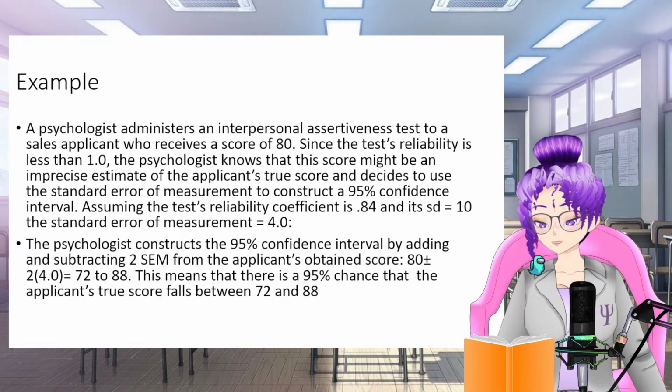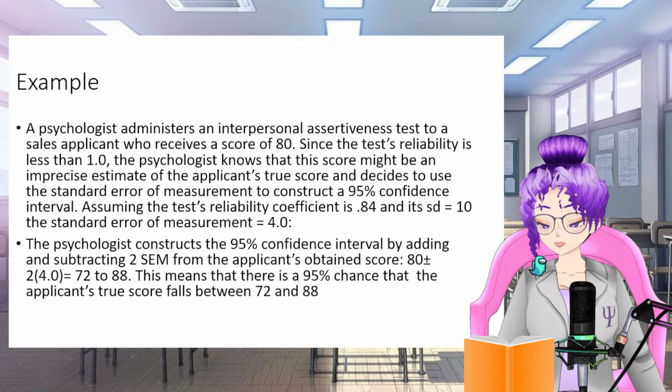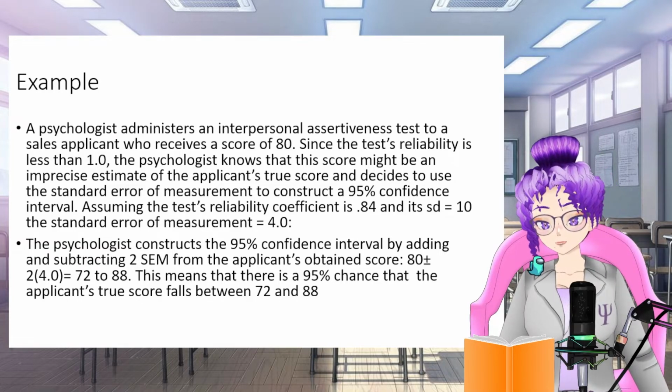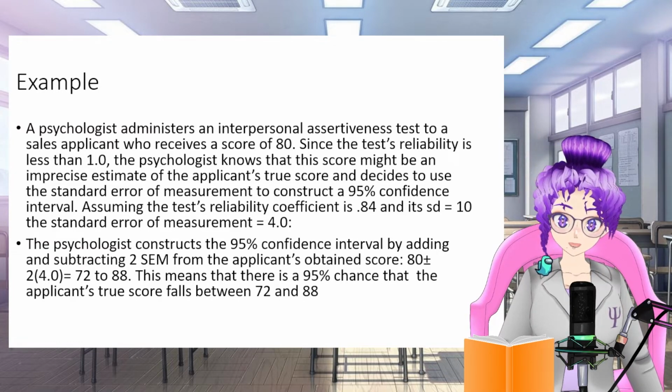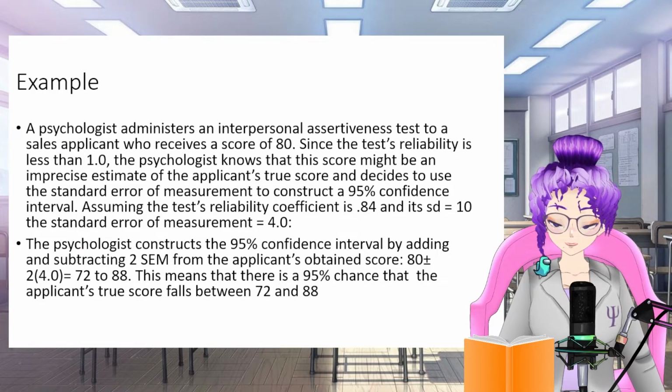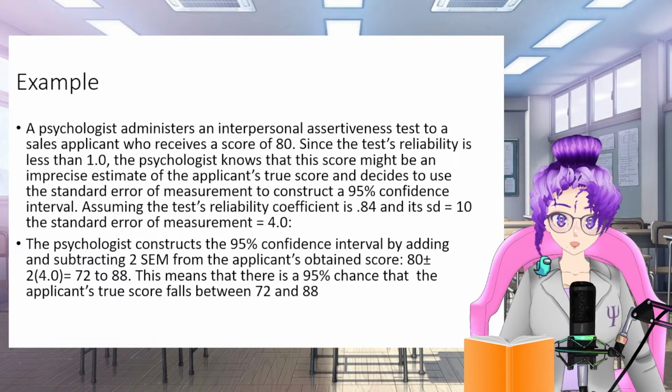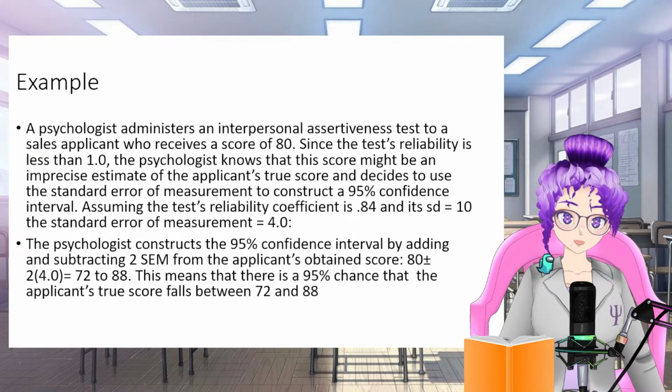So, 80 plus or minus 2 times 4.0 is equal to 72 to 88. It means that there is a 95% chance that the applicant's true score falls between 72 and 88. So this is how they use the SEM to estimate where the true score of the individual lies.